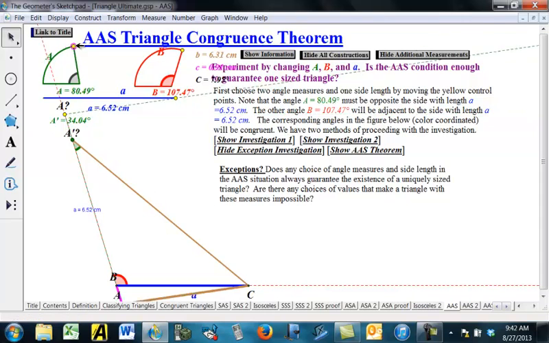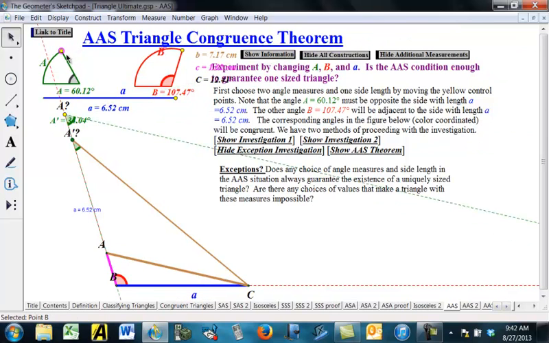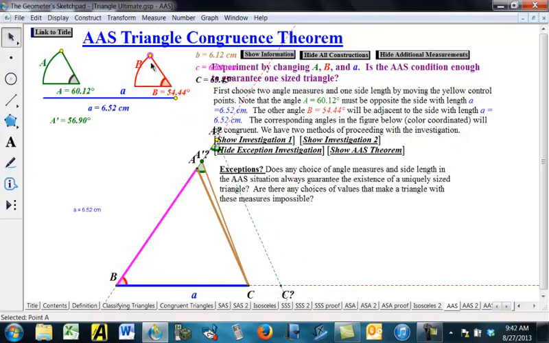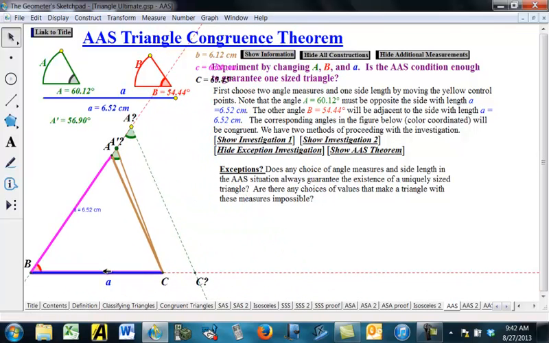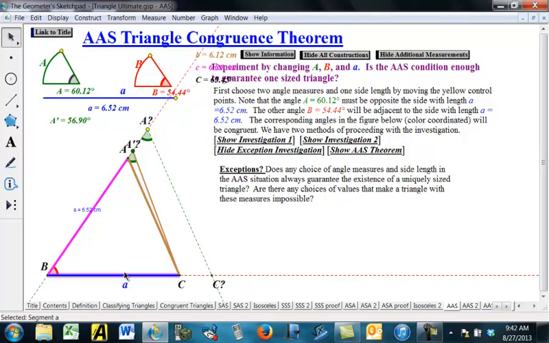And if it's a little bit bigger than 180, then they diverge, and so there's nowhere for them to touch. So, not surprisingly, if the two angles add up to 180 degrees or more, then that's not possible, right? Because the three angles have to add up to 180 degrees exactly. So we can mess this up, but the only way we can mess it up is by giving two angles that are too big to begin with.